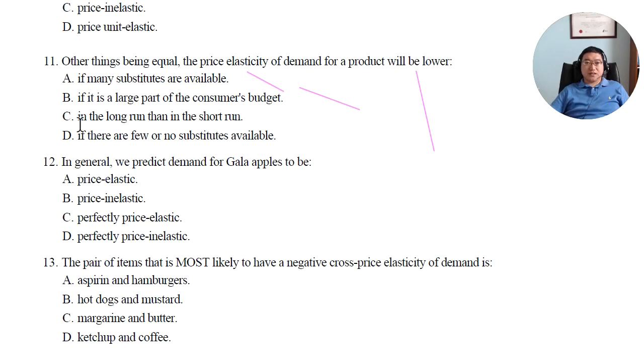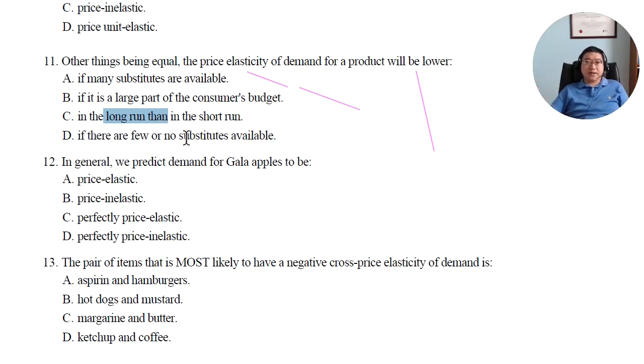Now C, in the long run rather than the short run. In the long run, the price elasticity of demand will be higher. Not only may there be substitutes found, the technology may change, they may no longer need that particular product, or say the value, the usefulness of that product to that person, becomes lower.